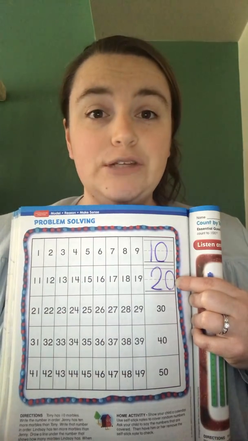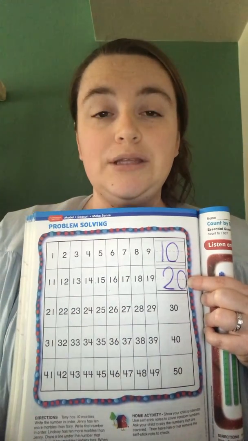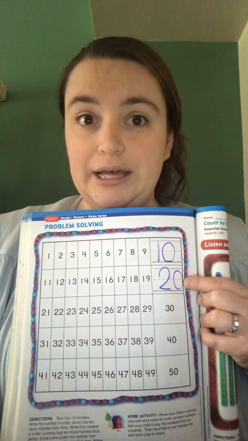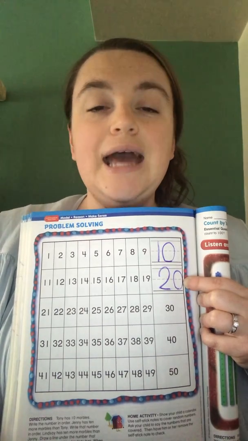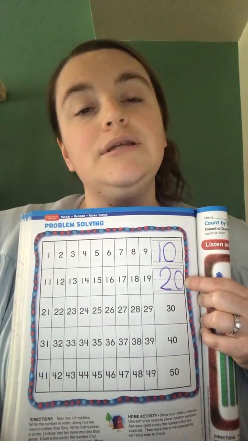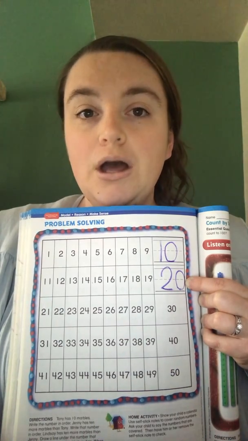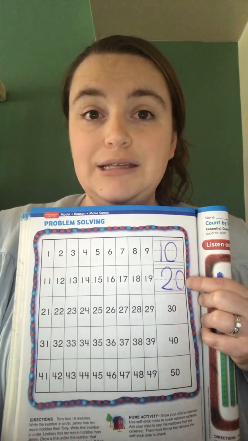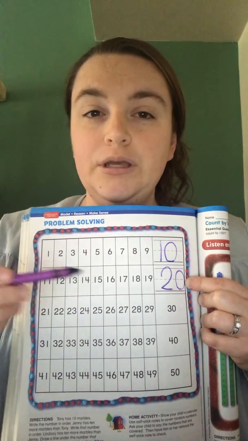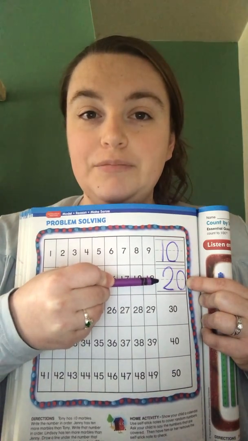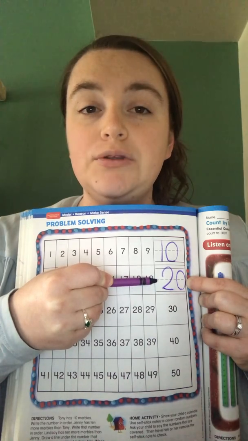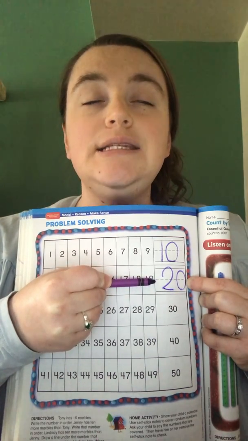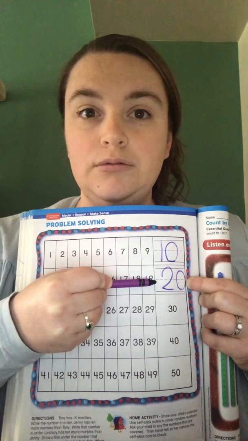All right, now here's the rest of our problem. You're going to need your pencil, or you can use a crayon if you would like. Lindsay has 10 more marbles than Jenny. Underline the number of marbles that Lindsay has. Okay, this is Jenny. She's got 20 marbles. Lindsay has 10 more marbles.